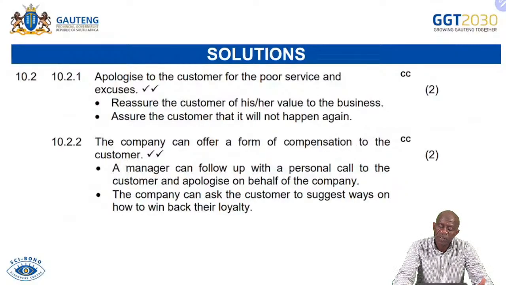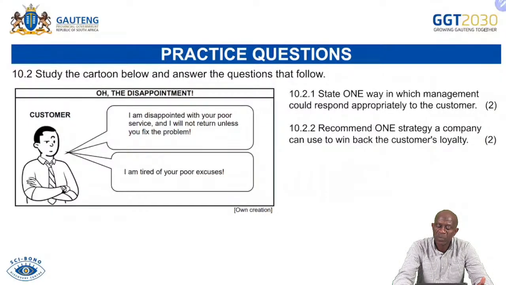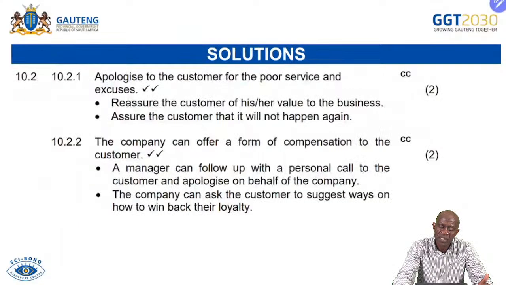10.2.1, from this question, it says, state one way in which management could respond appropriately. So it needs the response. So one way to respond is to apologize to the customer for the poor service and excuses. That gives you 2 marks. And the first and the third bullet express how the question can further be answered to say, reassure the customer of his or her value to the business.